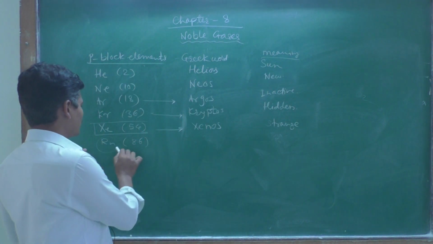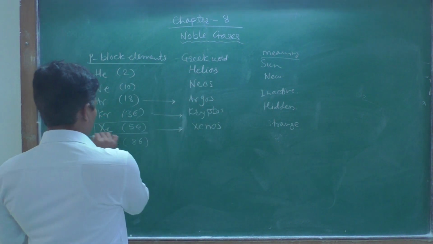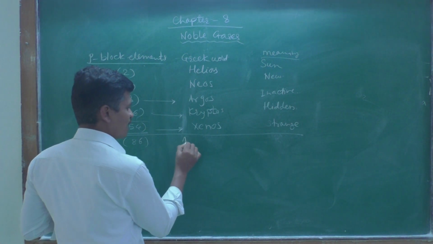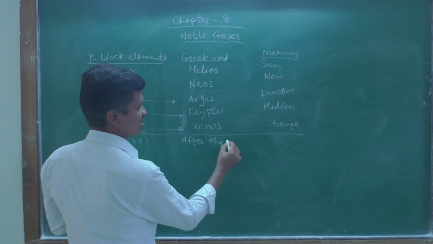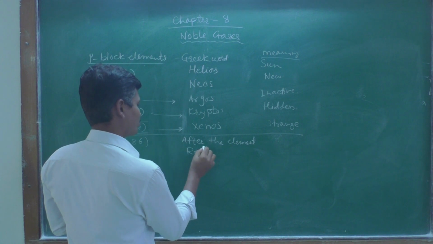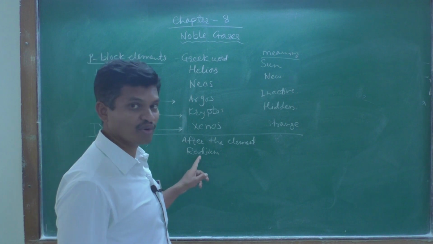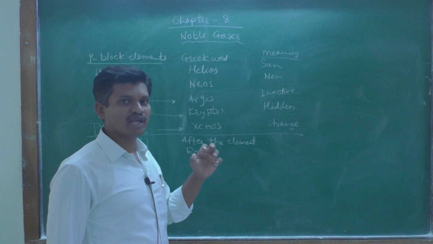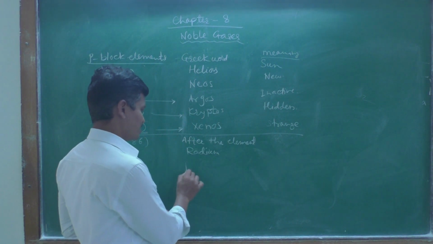And the name of radon is not derived from a Greek word. Radon is named after the element radium. Radon is actually a byproduct of the radioactive decay of radium.